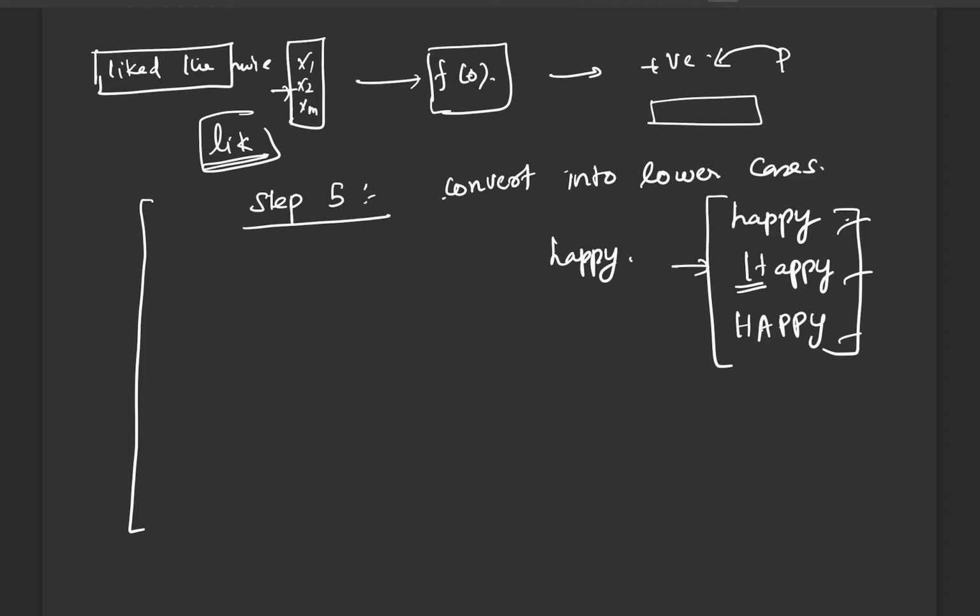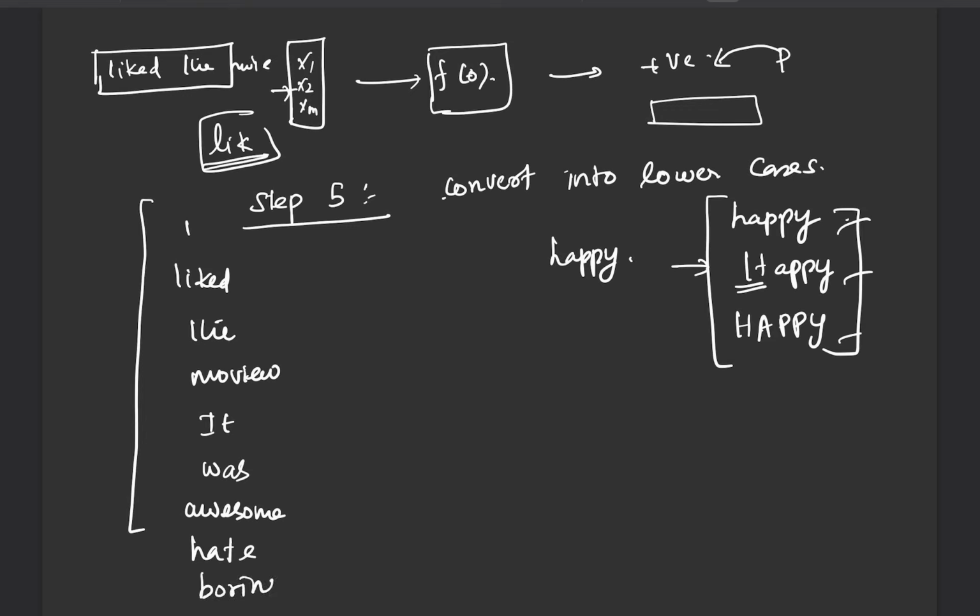So this is how we can reduce the dimension of the input vector. So after I apply all these 5 steps, my input data dimension would get reduced. So we can see the example. So initially the vocabulary: I liked the movie, it was awesome, hate, boring.